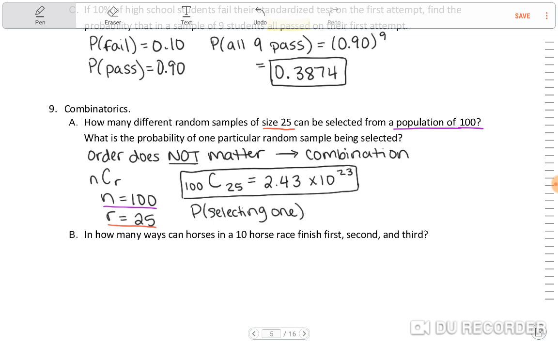So what is the probability of selecting one particular one, right? It's almost like your lottery ticket combinations. What's the probability that I select exactly one? Well, it would be 1 divided by 2.43 times 10 to the 23rd power.